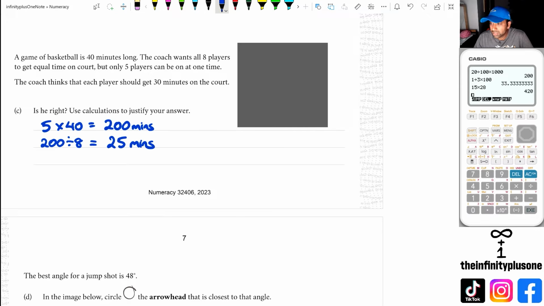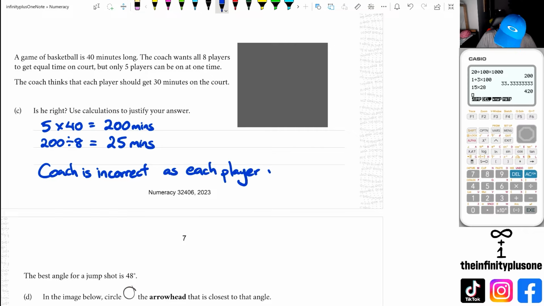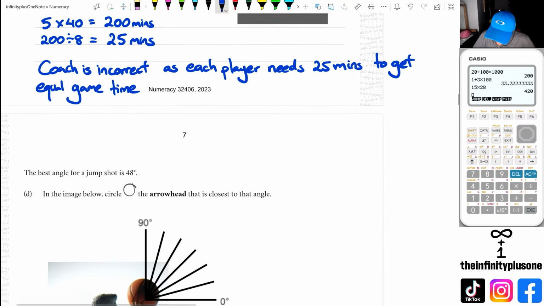And with that, we can say the coach is incorrect, as each player needs 25 minutes to get equal game time, or something along those lines.